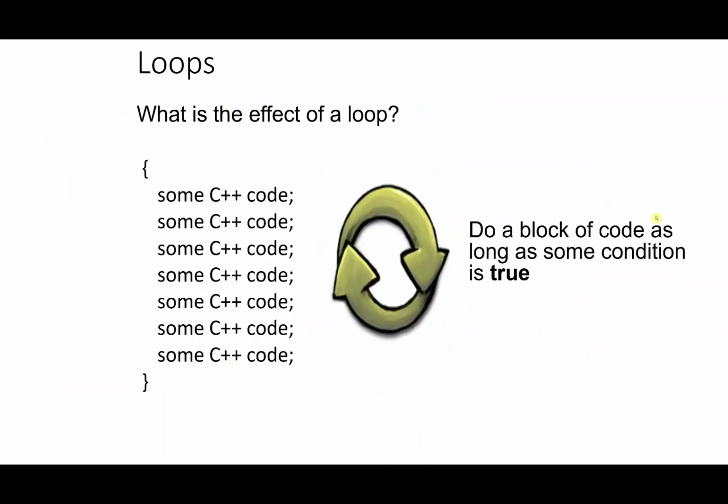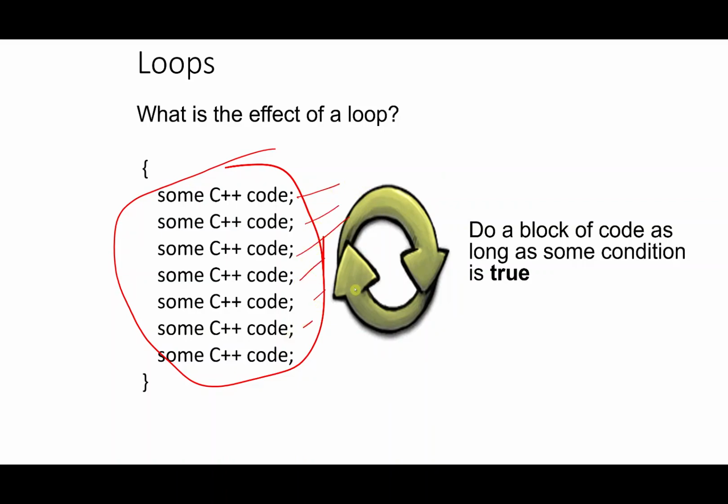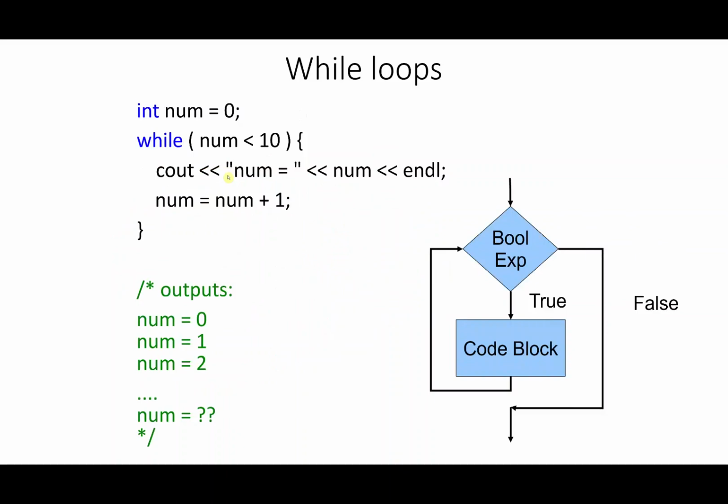Instead of printing the code and copying and pasting, you can write it once and stop when a condition becomes false. The way I'm going to say it is critical to you: as long as a condition evaluates to true, keep doing a block of code.